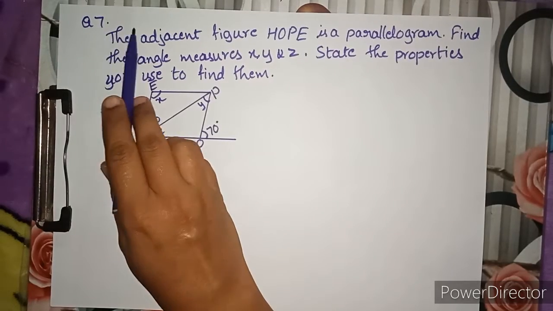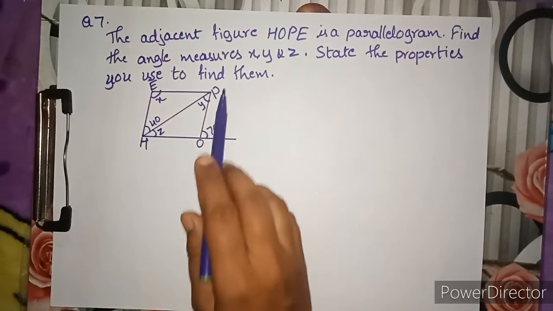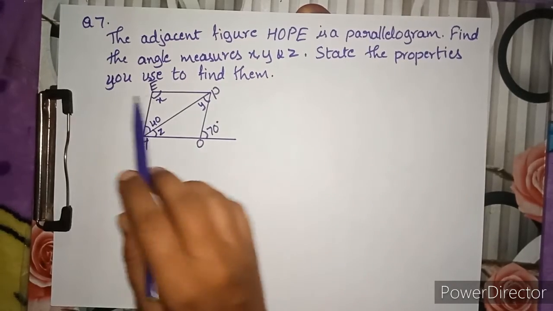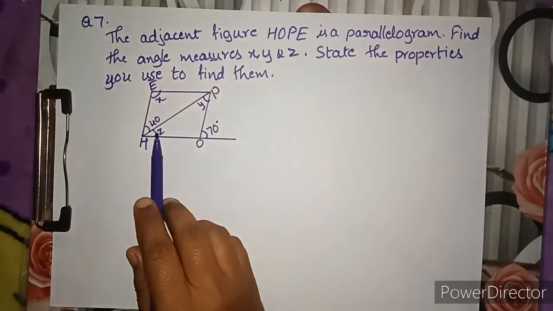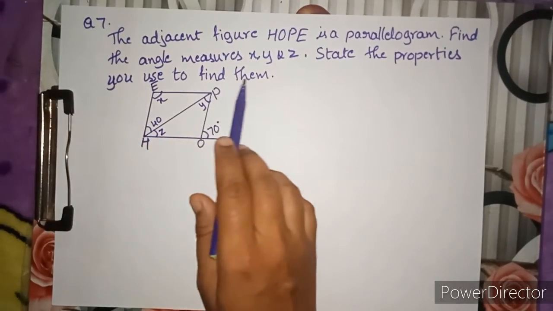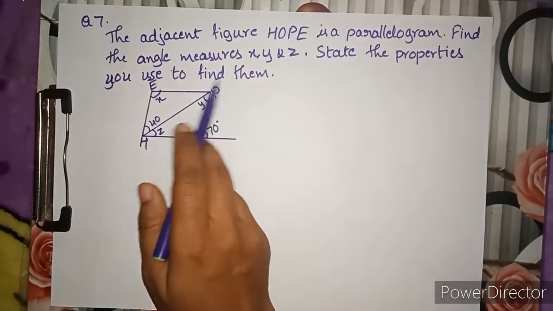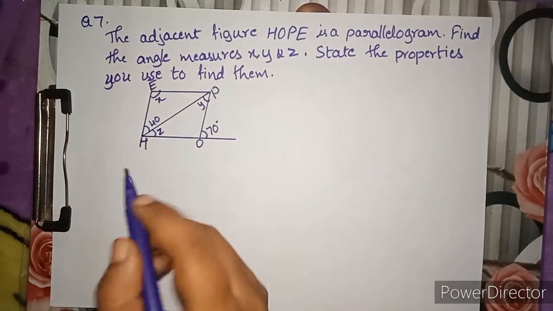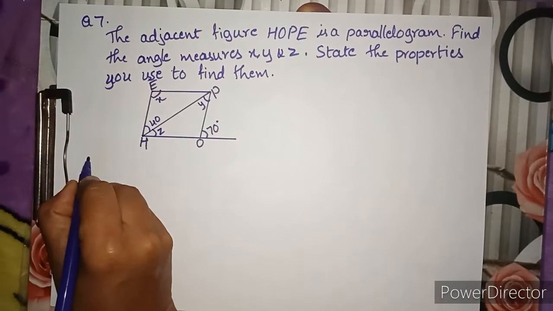Question number 7. In the adjacent figure, HOPE is a parallelogram. Find the angle measures x, y and z. State the properties you use to find them. Which property do we use to find out these values? Okay, let's start. This is the given figure.